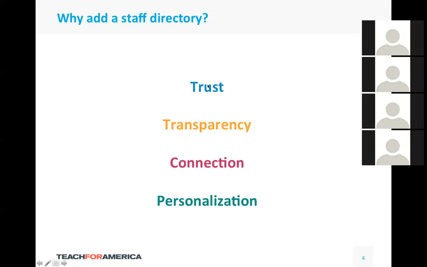And I think some other themes that you all are getting at too in your responses are this idea of trust and transparency. And we know that one of the defining characteristics of our prospects is being a little wary of brands that can feel like corporate or monolithic. And I don't think that Teach for America's brand feels that way at all.